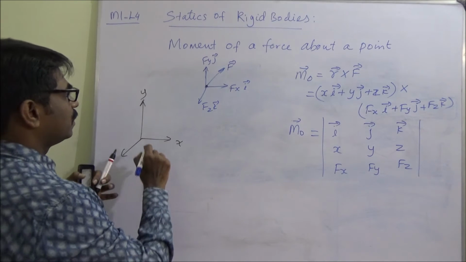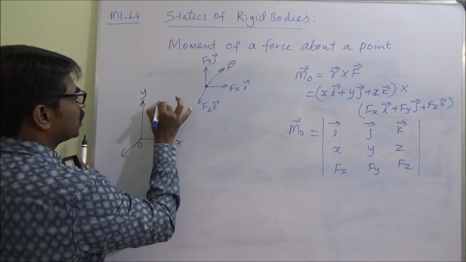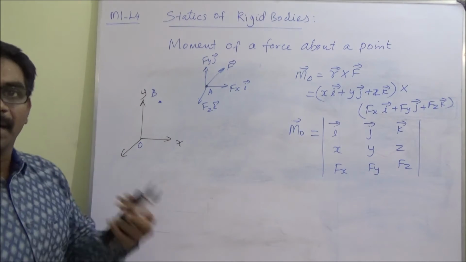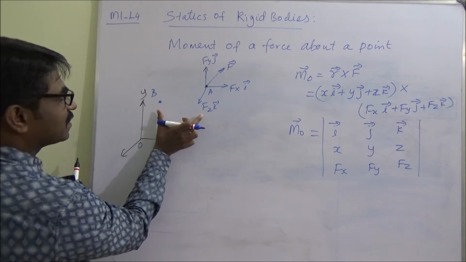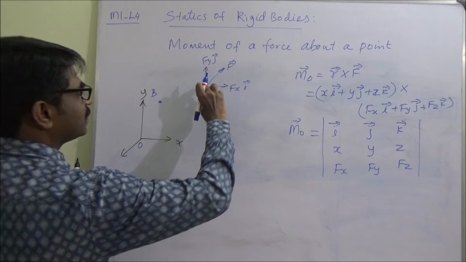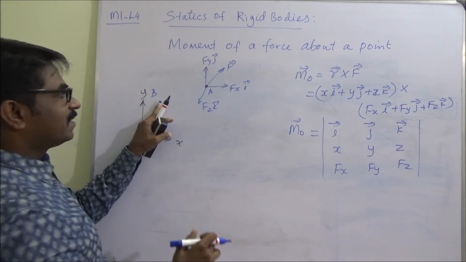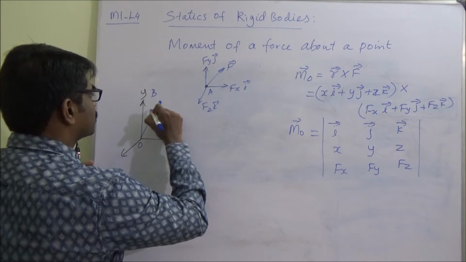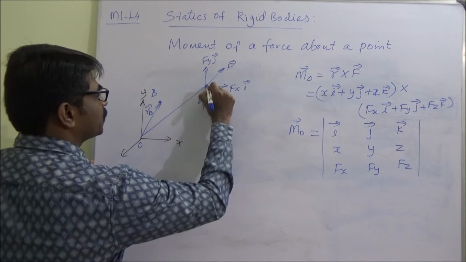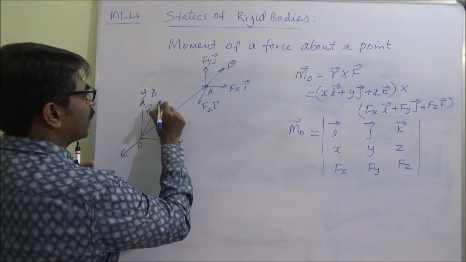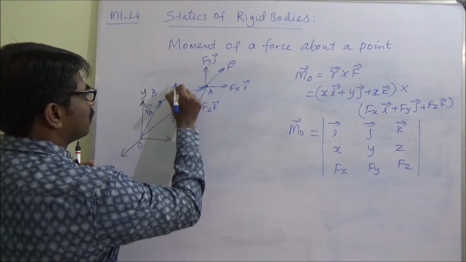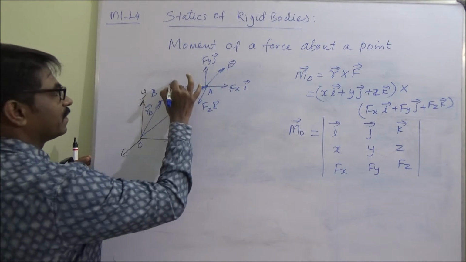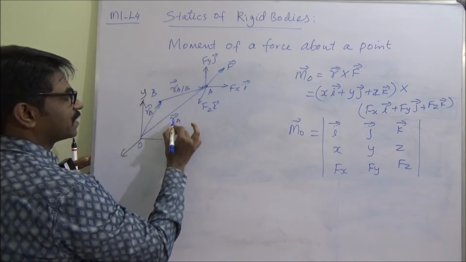Now if we have to take moment about another point, say this is A, then what is the x distance? This is x distance and this is y distance, and similarly the z distance between A and B. So this is position vector RB, this is position vector RA, and this vector is R of A with respect to B. So this plus this gives this.